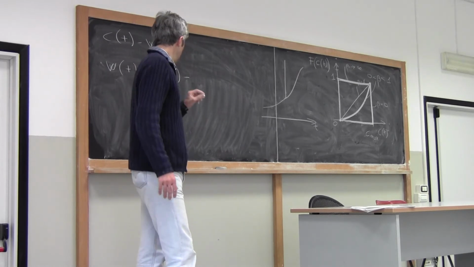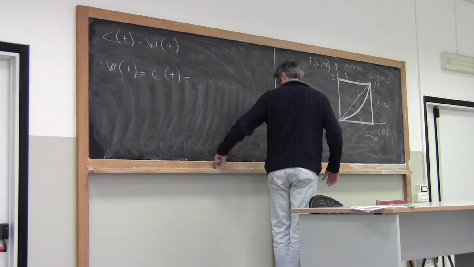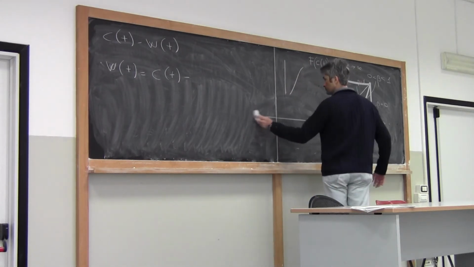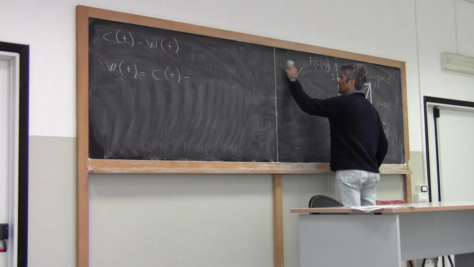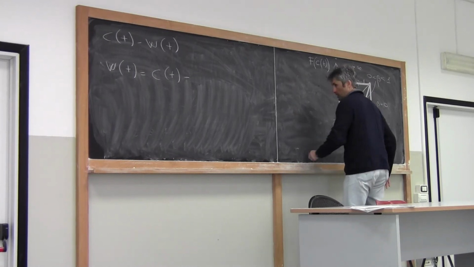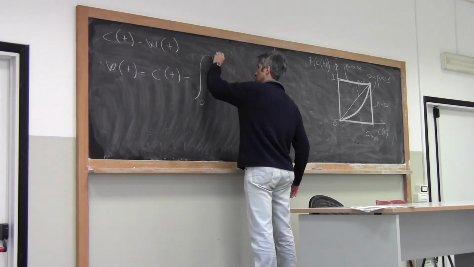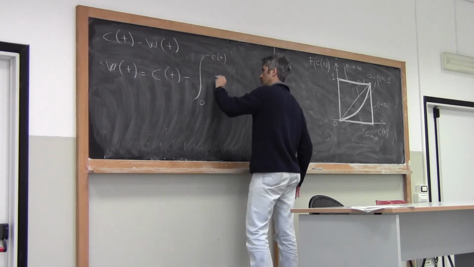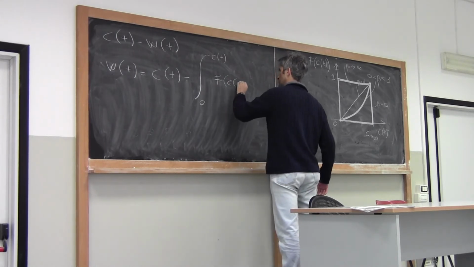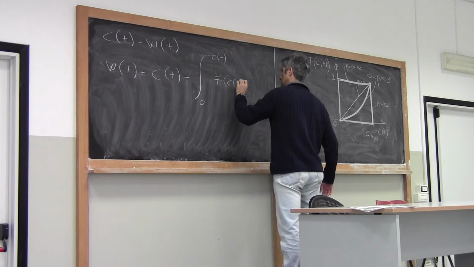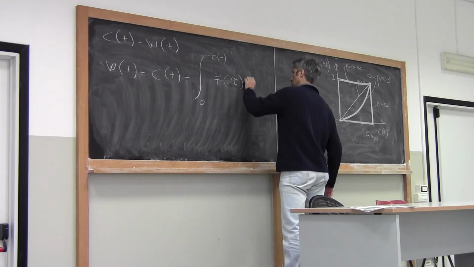I want to make clear to you in the next 5 minutes that this something is given by the integral between 0 and Ct of f(tau) d tau.